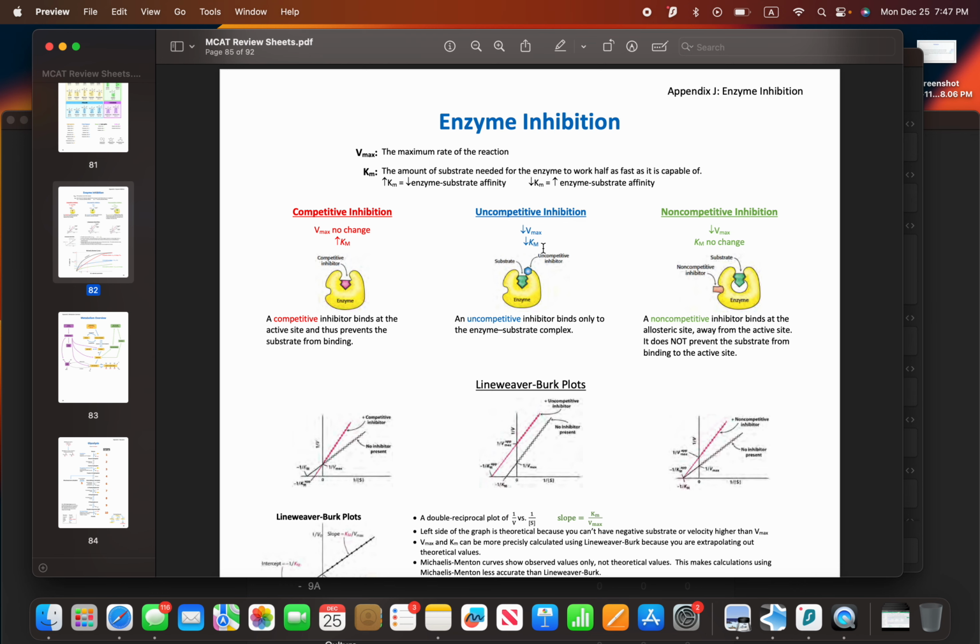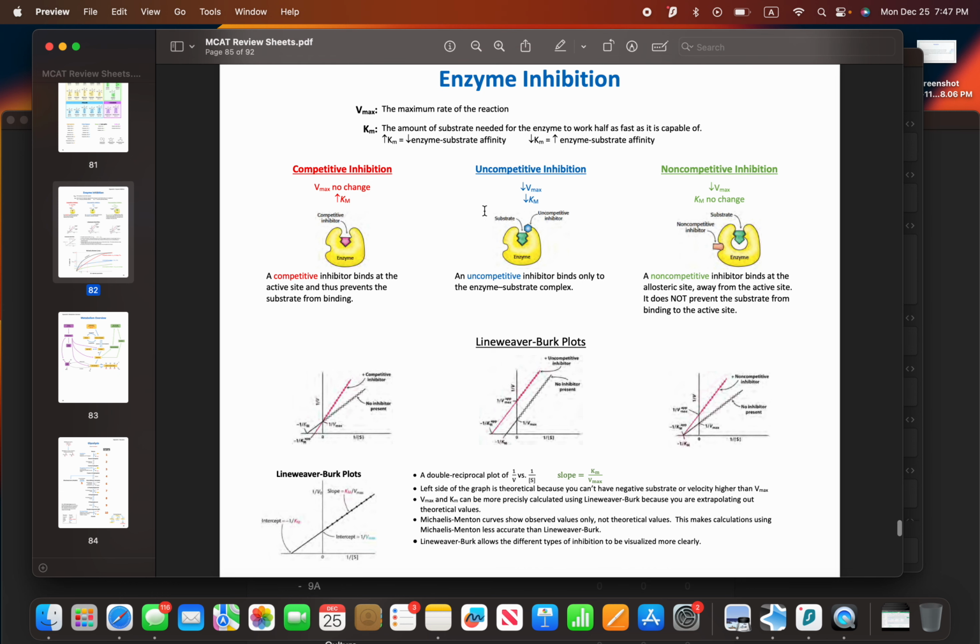Now, for these three inhibitions, we want to see their effect directly on the Vmax and Km. I know it's weird, but for uncompetitive, I have realized that unread messages are always reducing, right?